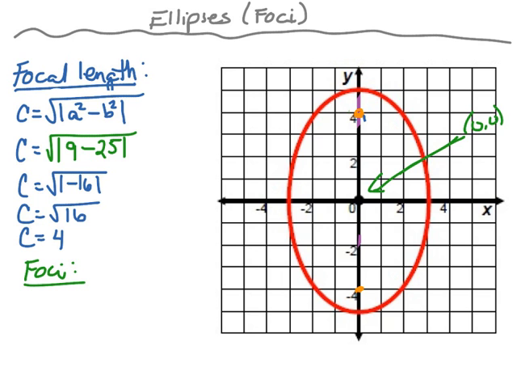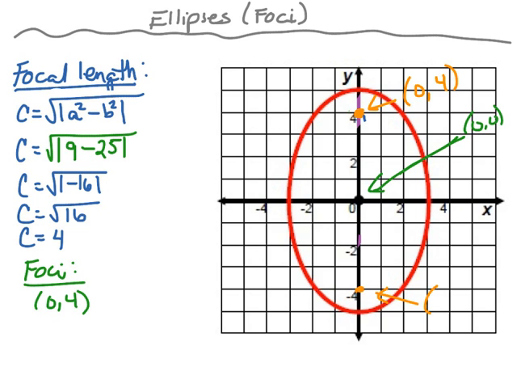Since I'm looking for these 2 points, what's going to change is not the x value, but the y value. The x is still 0. It's the y value that's changed, by a distance of 4 units. So if I take 0 plus 4, I end up with 4, which means that one of my foci is at 0, 4.